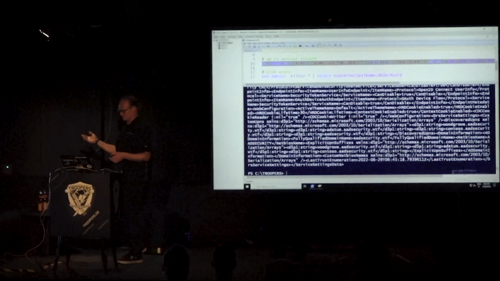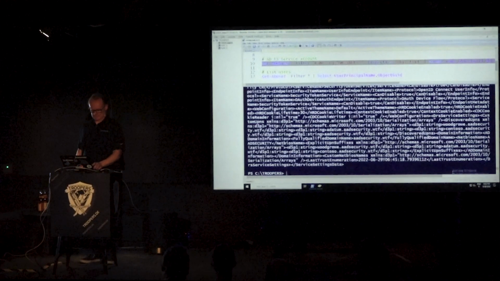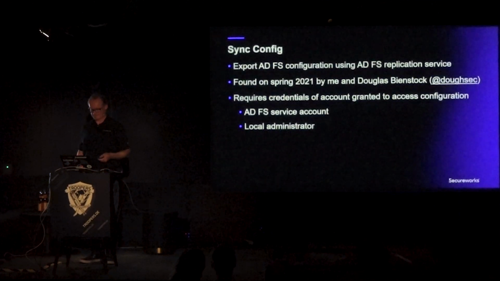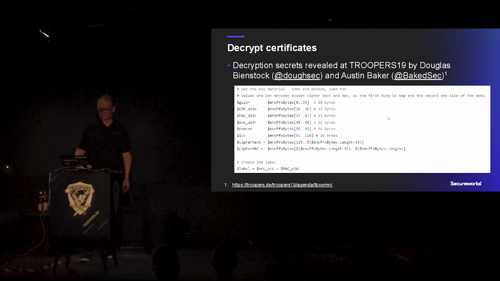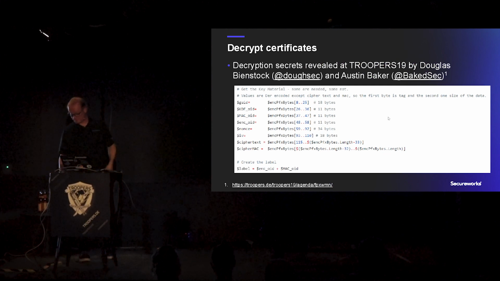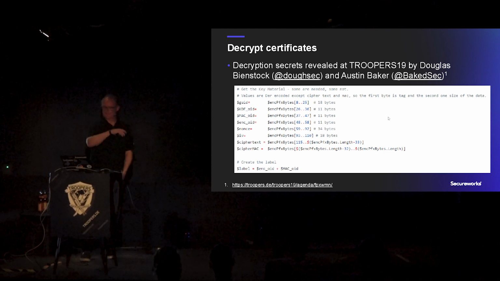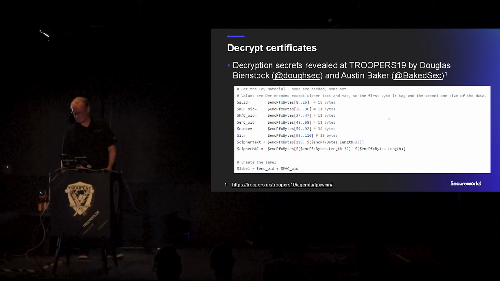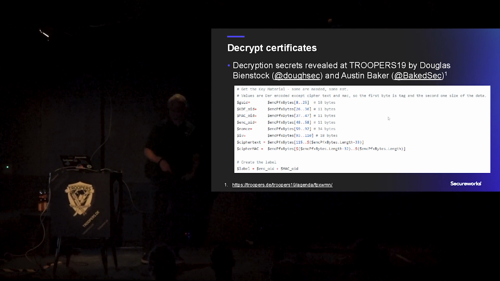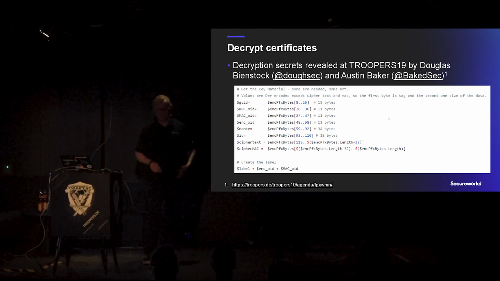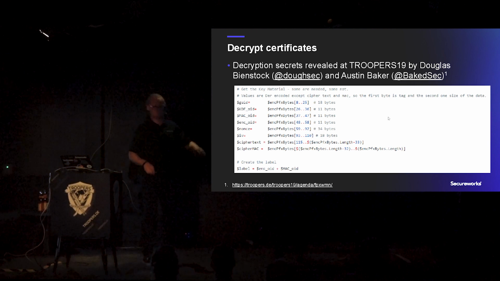But how do we do that? Well, actually, it's easy now, because all the secrets were released by Douglas and Austin in this very same conference in 2019. And after that, that was actually quite easy. Again, there's a lot of small print here. You can read it later.